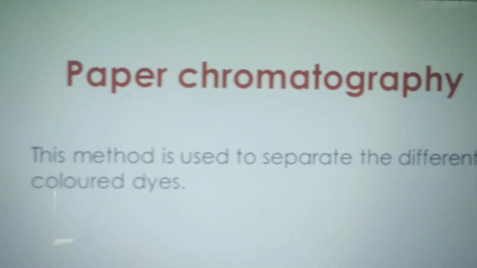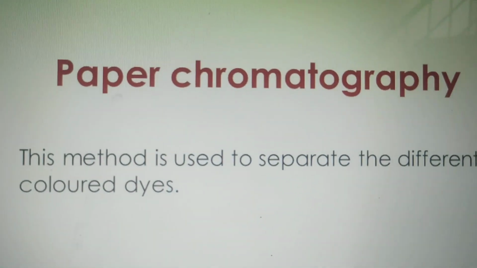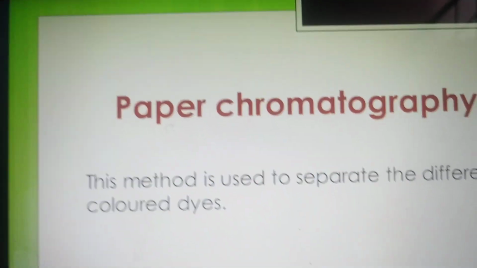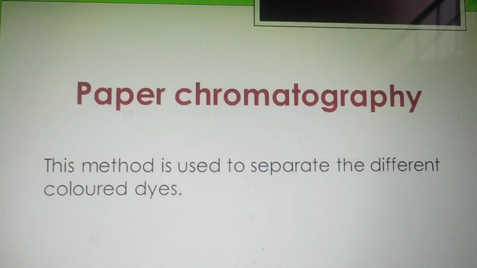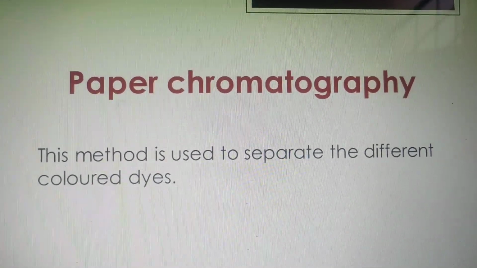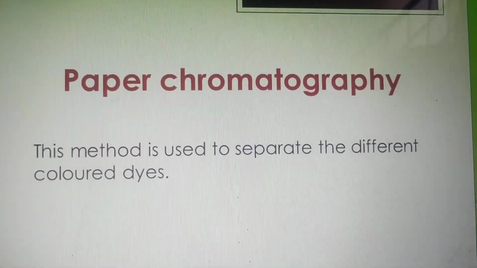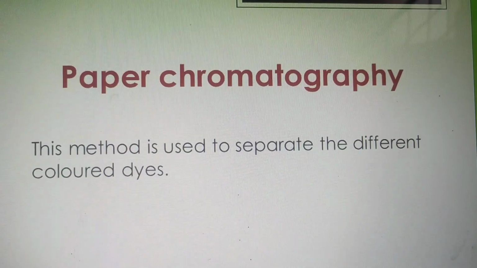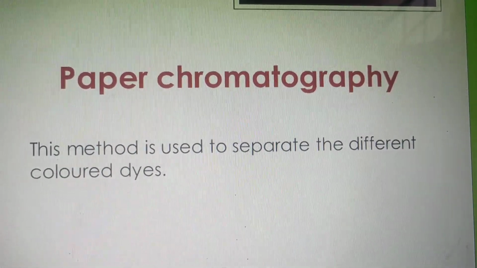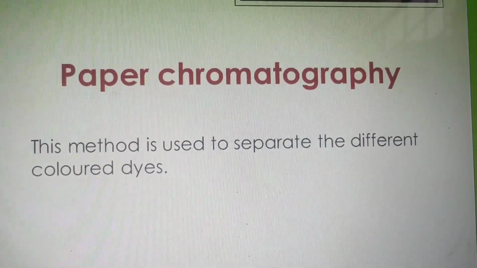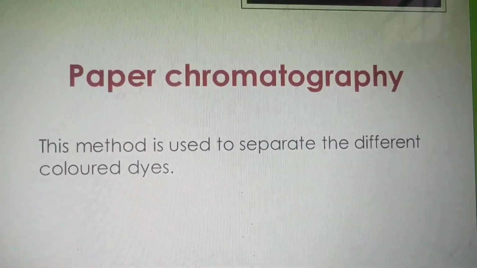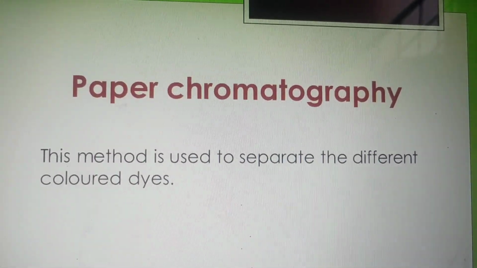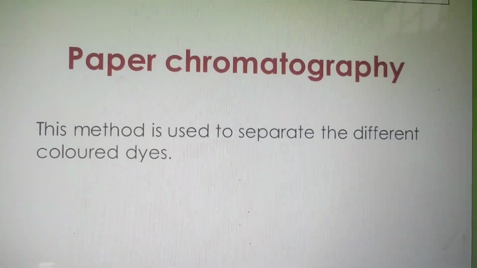Today, what topics have we discussed, children? Separation of mixtures. What is meant by separation of mixtures? If we want to separate any unwanted materials, we use some methods. How many methods did we discuss in today's class?